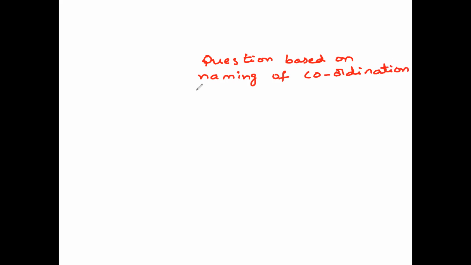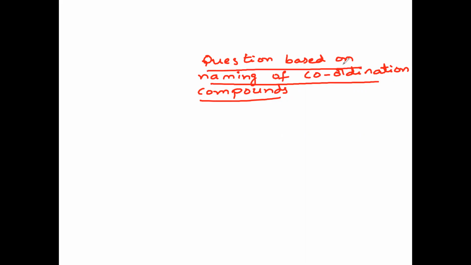Questions based on naming of coordination compounds are very, very important because the first lecture was for 1 hour duration, so we did not have time to discuss more questions. If time permits, we'll also do coordination isomerism and linkage isomerism, that is, structural isomerism. So let us see question number 1 based on naming of coordination compounds.